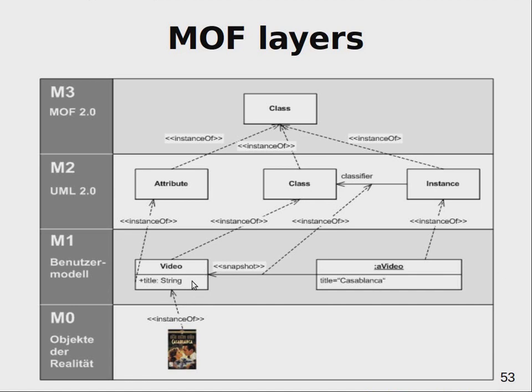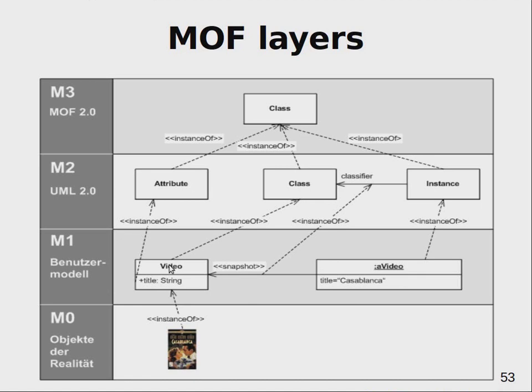So if you see that there is a video with title Casablanca, here it doesn't show to whom it is rented, but it means that you see such an object collection inside your system. This means you actually have such a kind of DVD disc in your office. But this is a model of reality, but you can create a model of this model.